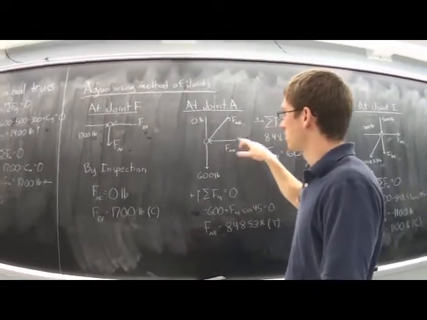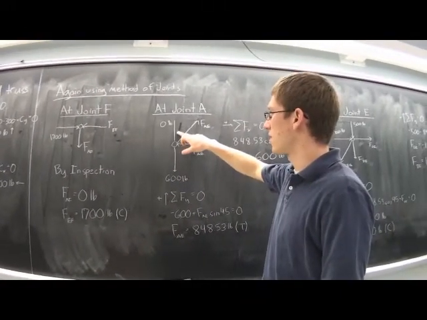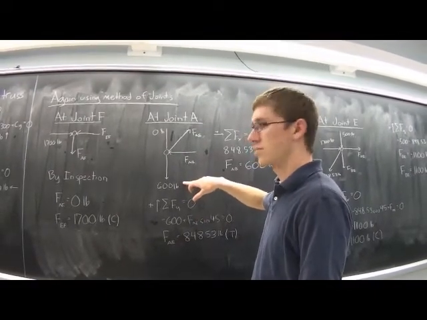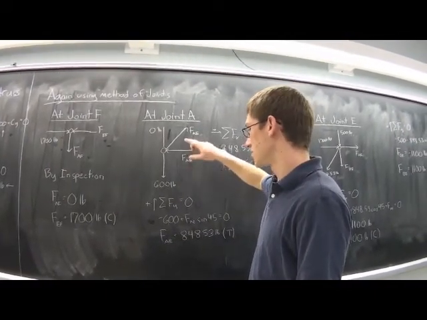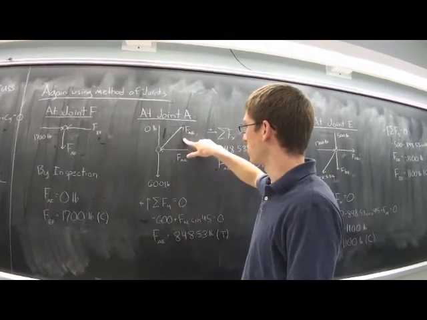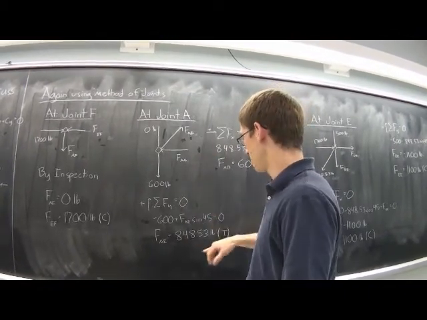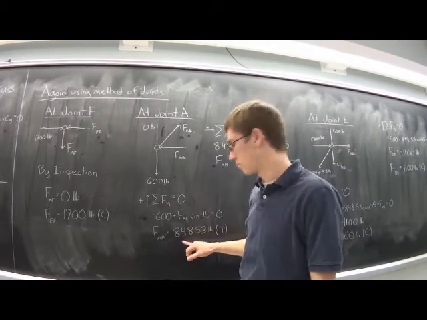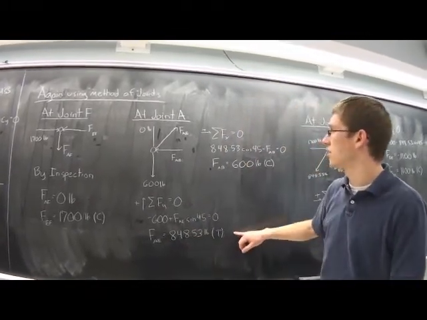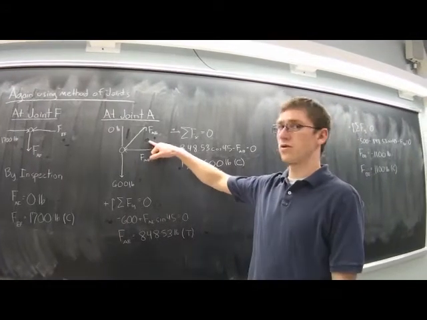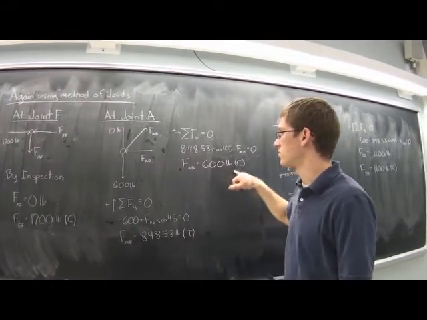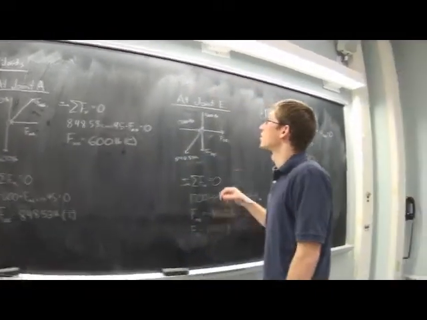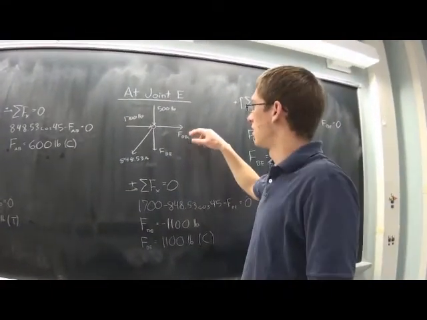Move down to joint A. We knew FAF coming in, and that will give the force of 600 pounds coming down. Using the sum of the forces in the y, you can find the y component for FAE, and FAE comes out to 848.53 in tension. Then take the x component of that and set that equal to FAB, and you get 600 pounds in compression. Goes over to joint E next.